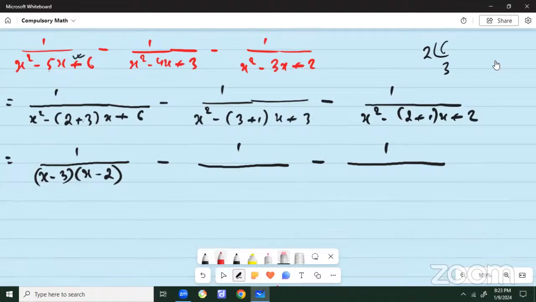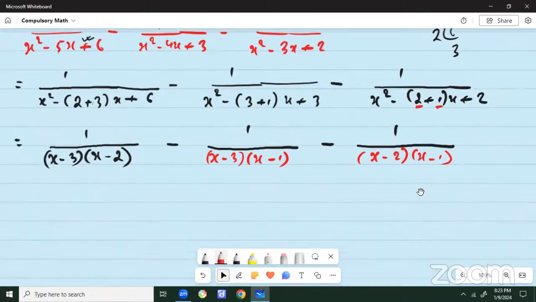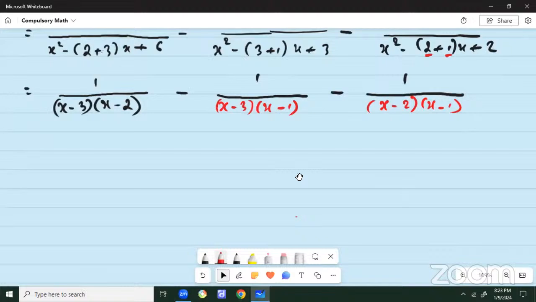For the second one, you said it is x minus 3 and x minus 1, right? And the third one is very simple, right? x minus 2, x minus 1. You can see here by these two numbers, you can easily figure out what the factors will be. Now, what should be the next step?